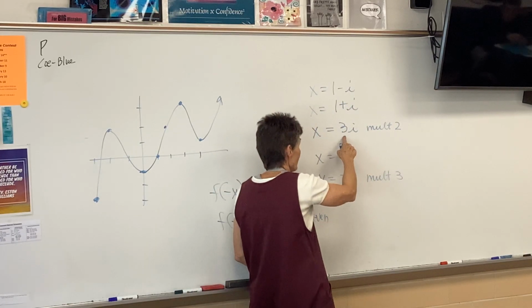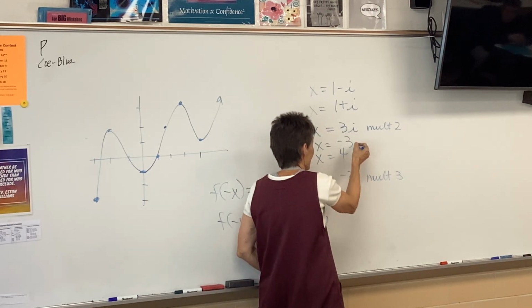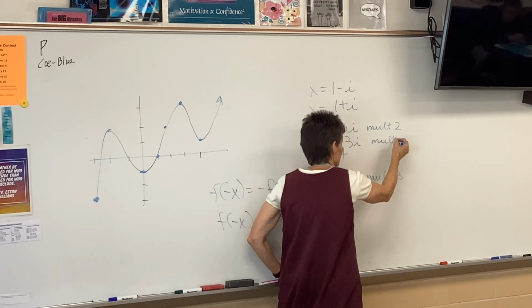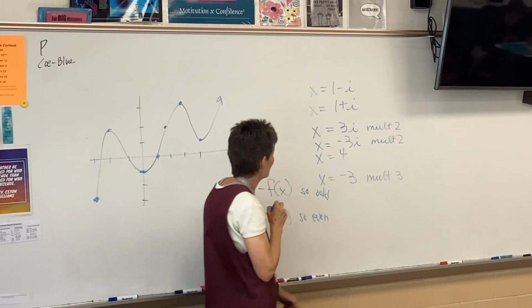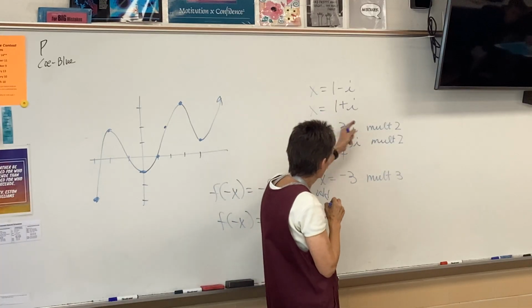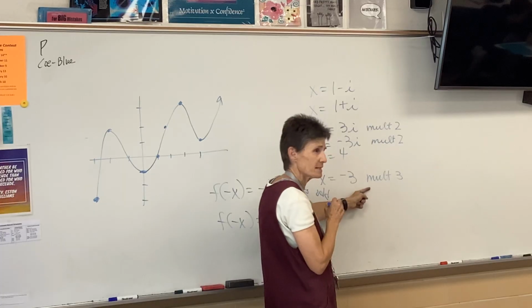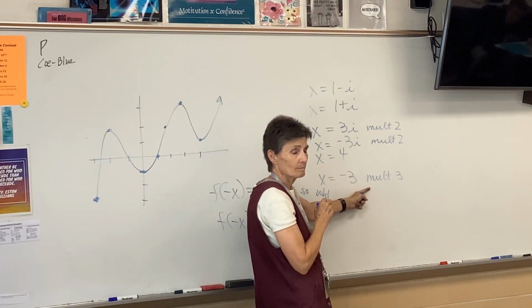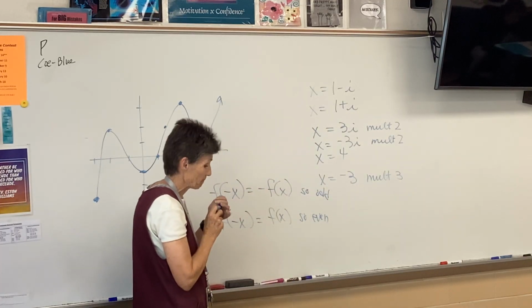And what do we have to remember about 3i? It's going to come with negative 3i, both times. So let's see, what do we got? 1, 2, 3, 4, 5, 6, 7, 8, 9, 10? 10th degree polynomial? At least 10th degree.